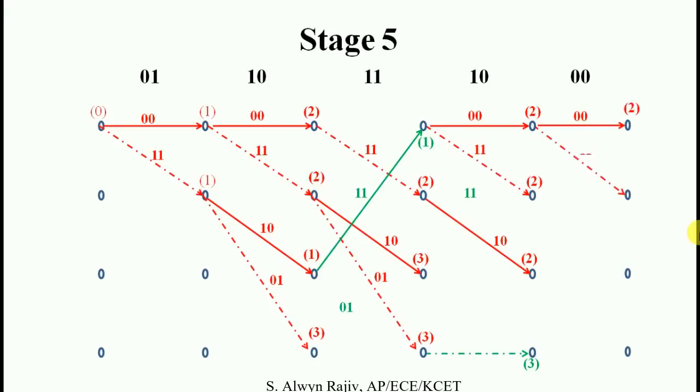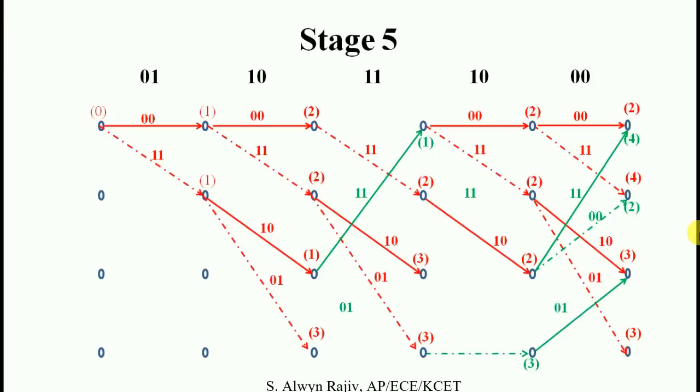For 1 1, the metric value becomes 4. For 1 0, the metric value becomes 3. For 0 1, the metric value becomes 3. The other metric values become 4, 2, 4, and 4.